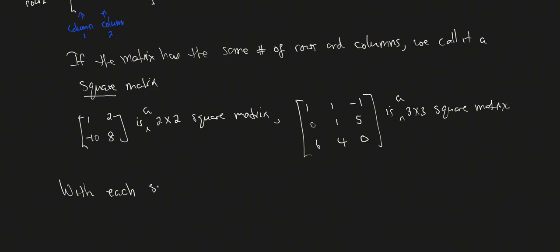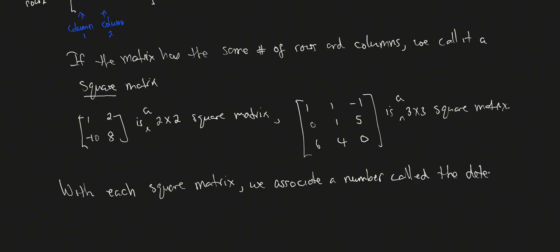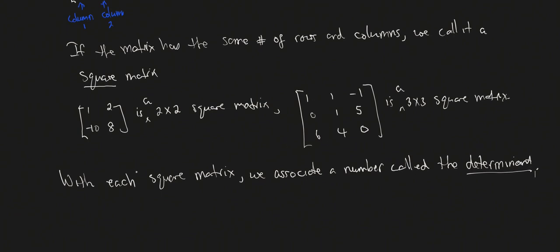With each square matrix, we associate a number called the determinant. This is not the discriminant, which is different. The discriminant you tend to use a lot when you talk about quadratics or quadratic forms in general. But the determinant is a number that's associated with a square matrix.